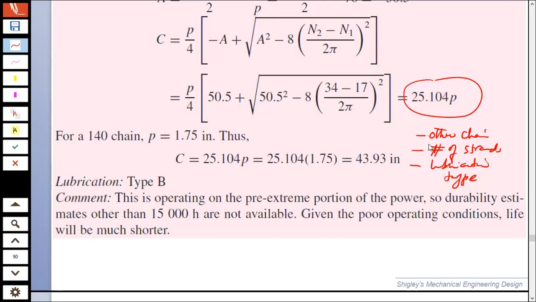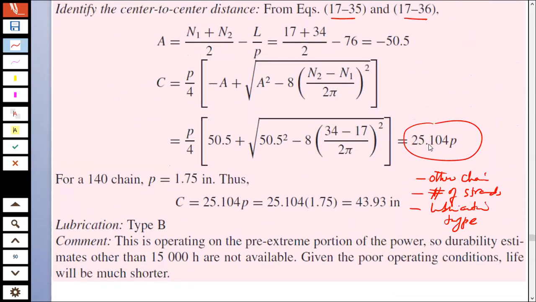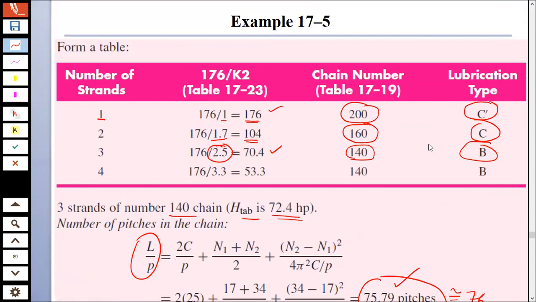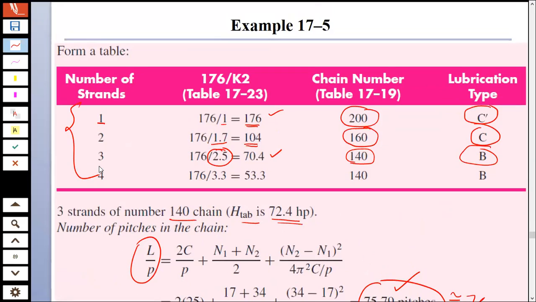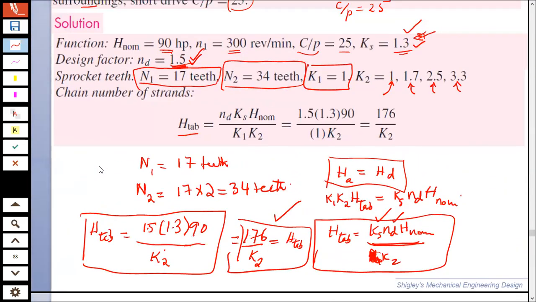Not going through the exercise of exploring all these, you could have just gone straight to the table. And the H design value that you are getting here, what is H design equal to from here?